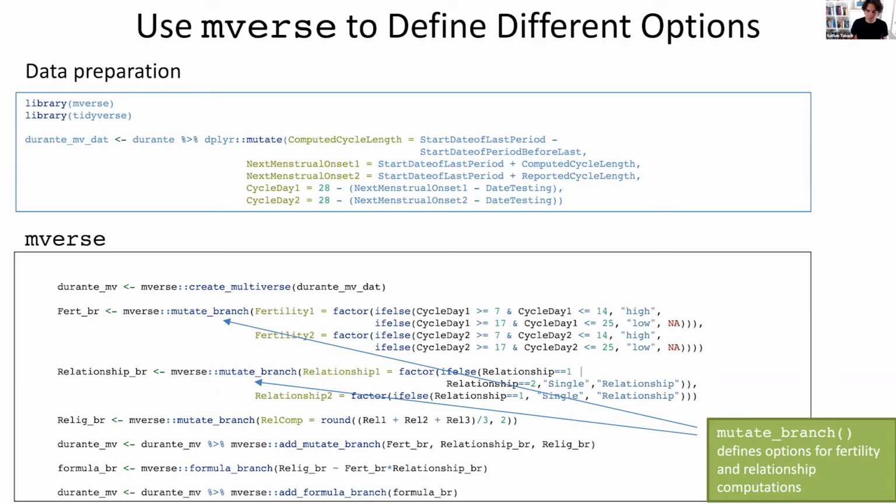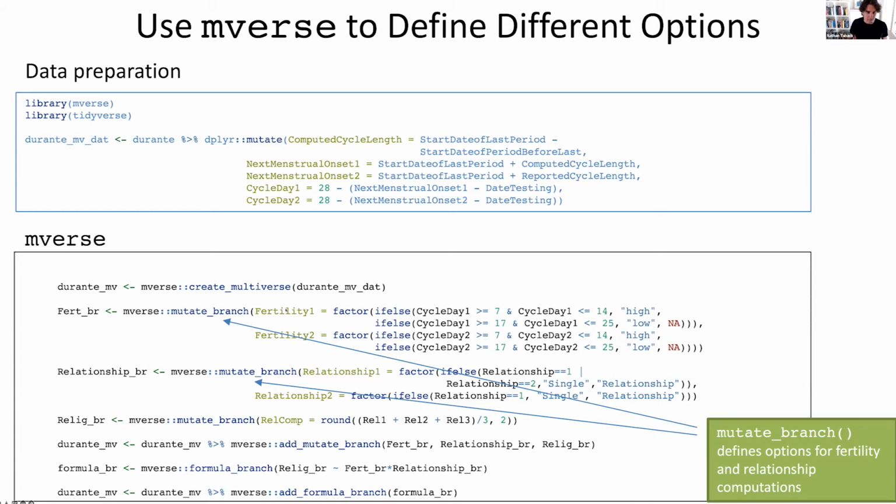So for Mverse, I won't run through the whole thing, but again, there's a data prep step, and then the Mverse part, where basically the data processing options would go in this mutate branch part.